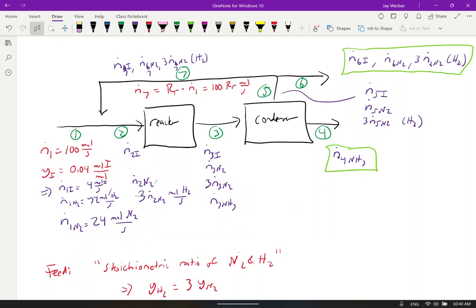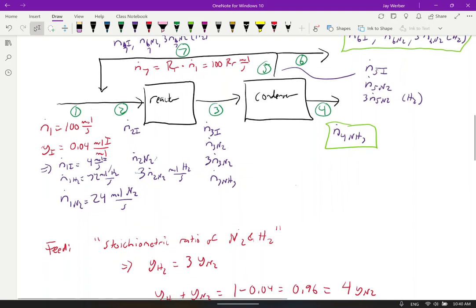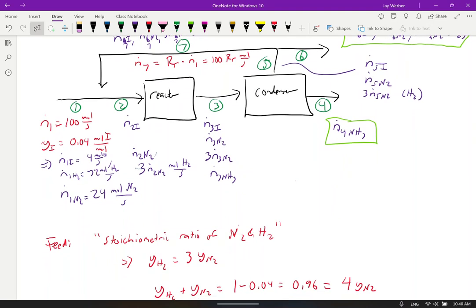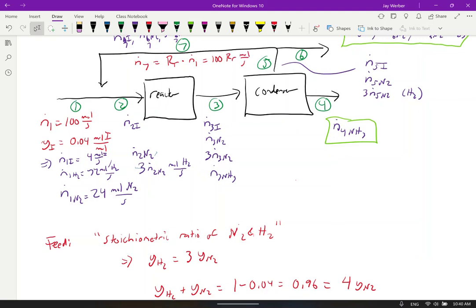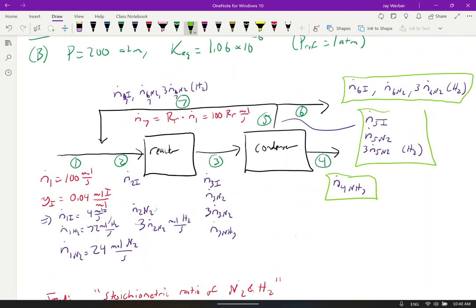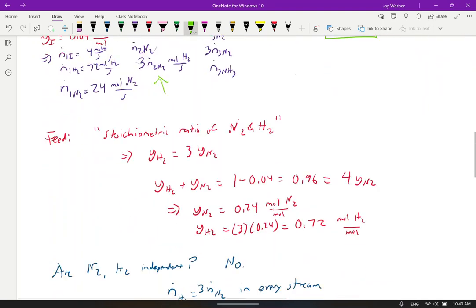So at this point, we only have, let's see, we have 2 unknowns. Which are the inert and, okay, so what do we have now? We've solved all this. We've solved all this. And so now we're looking at stream 2, right? And so we have 2 unknowns.